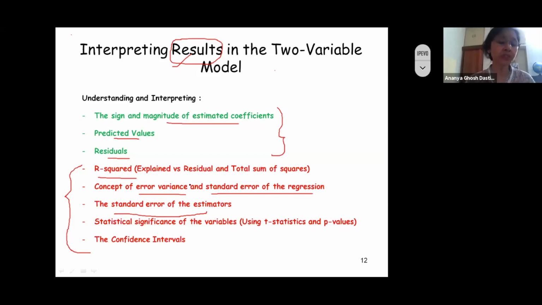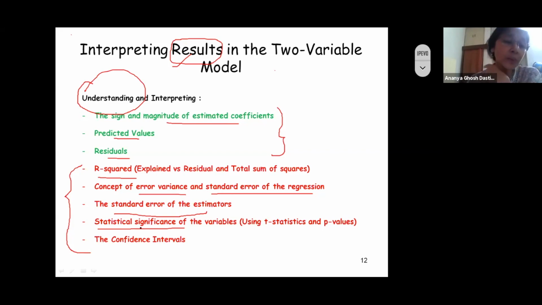And why is it important to understand all of these things? So as you can see, understanding is a big part of what we are going to do. It's very important to understand these things, because without that, you cannot really appreciate what is the statistical significance of the variables. And this is closely linked to the idea of conducting a hypothesis test.